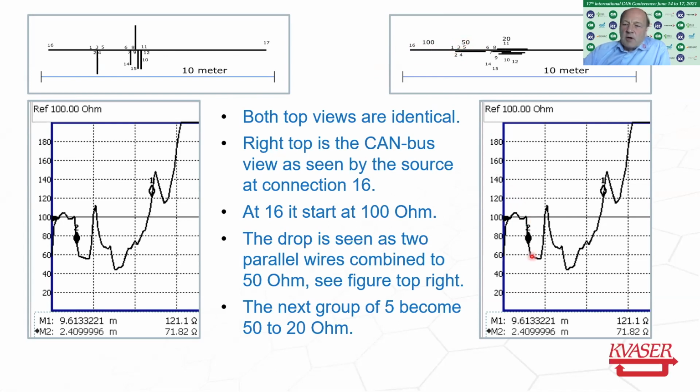And that's why you get the drop here. At the end here it comes back to 100 because the cable ends, but then you get the next group with even worse, because you have 1, 2, 3, 4, 5 cables in parallel. So the impedance actually drops to 20 ohm here, which destroys the complete signal in the measurement.